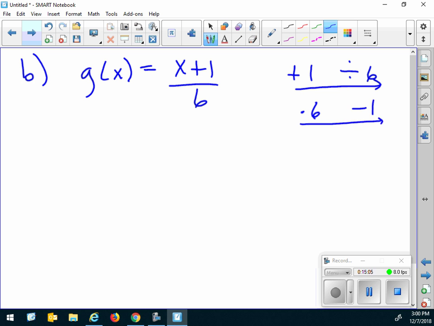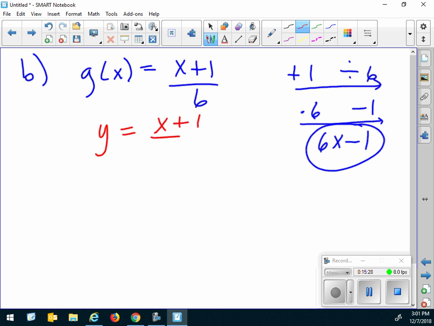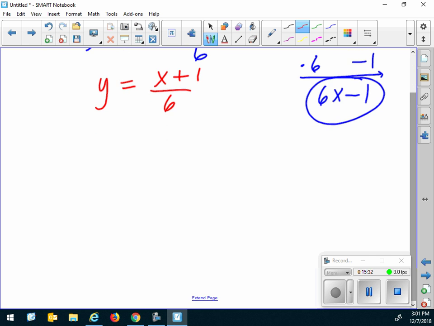How would I write down x times 6? And then subtract 1. So we think maybe that might be what our inverse looks like. Let's use the steps. Step 1. Replace g of x with y. Good. Switch x and y.